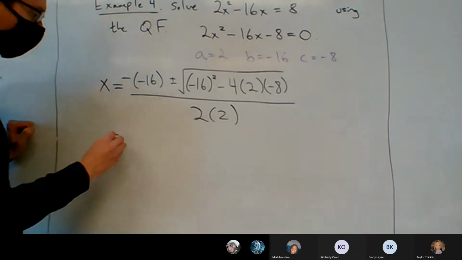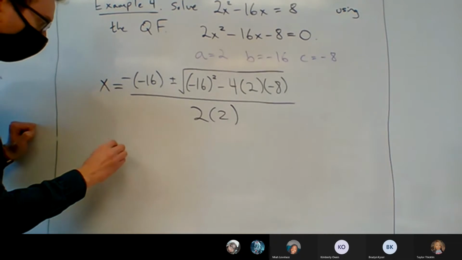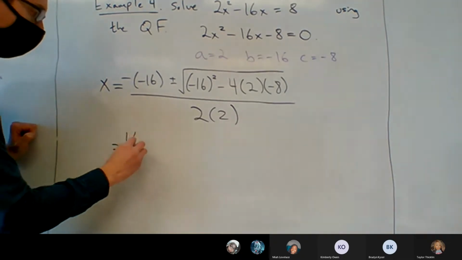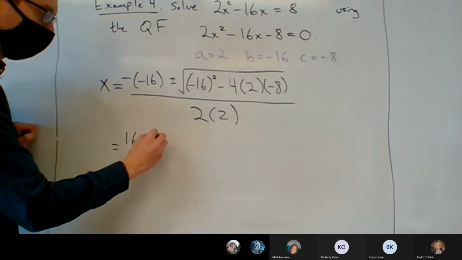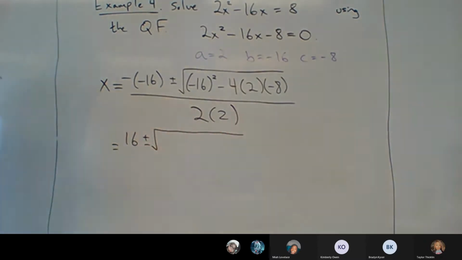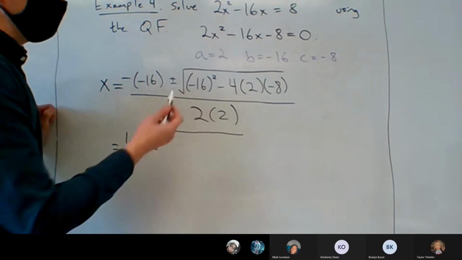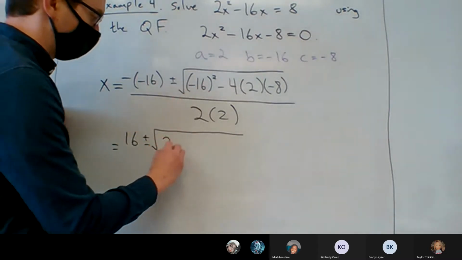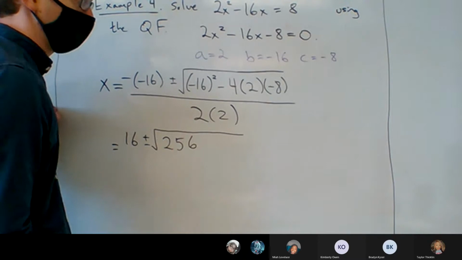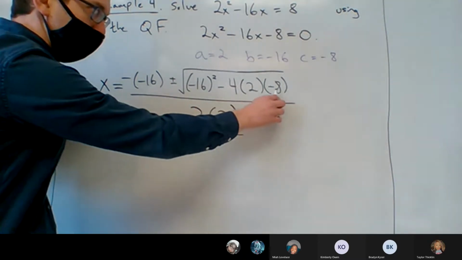Okay, I am going to write that intermediate step this time. So I'm going to say 16 plus or minus square root of negative 16 squared. I know it's going to be positive, right? Because negative squared is positive. 16 times 16 yields 256. Now here, I see that I have a minus, but then a negative out here.